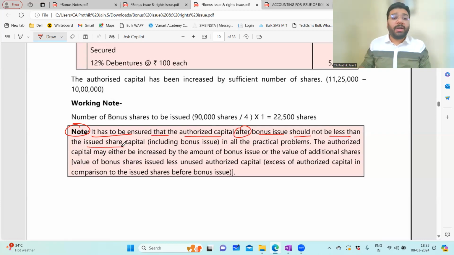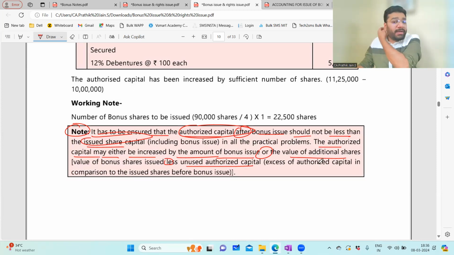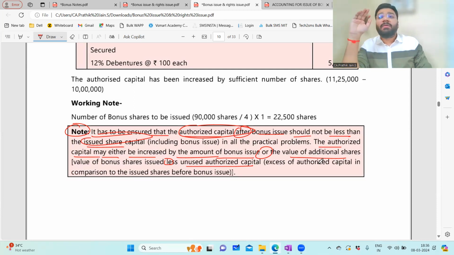Correct? So what are we supposed to do? Ensure that your authorized capital should not be less than issued share capital. The authorized capital may either be increased by the amount of bonus issue or on the value of additional shares less unused authorized capital. So basically what they're trying to say is authorized capital 90,000 is there.